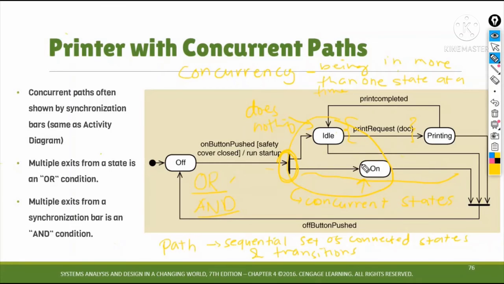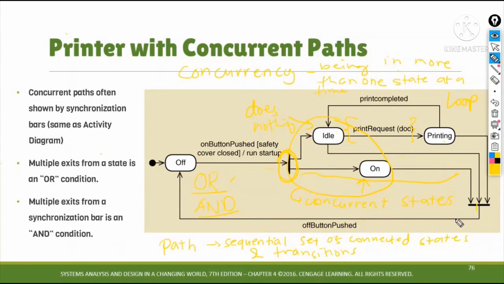Again, it could also be in a loop. From an idle state, a print request happens and then it is printing. After the print is completed, it returns to being idle. When the off button is pushed, it will transition to being off.